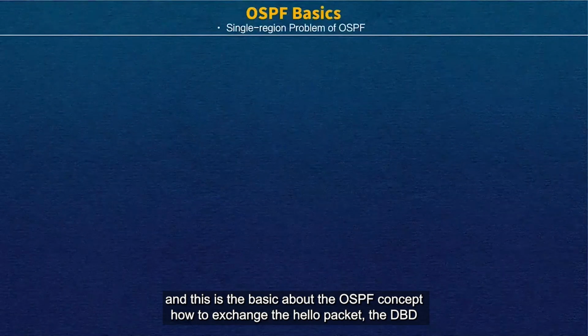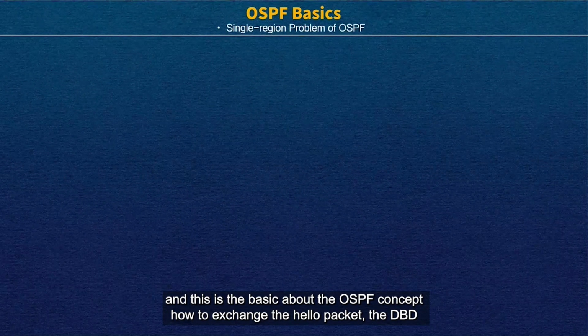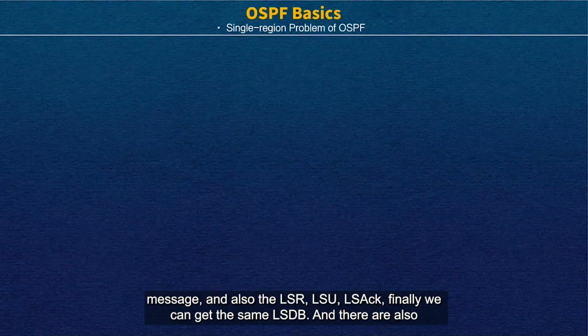And this is the basics of the OSPF concept: how to exchange the hello packets, the DBD message, and also the LSR, LSU, LSACK. Finally, we can get the same LSDB.